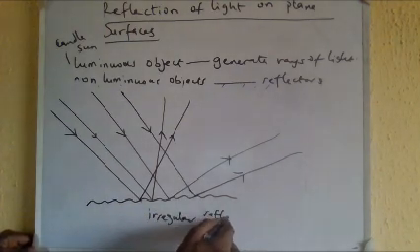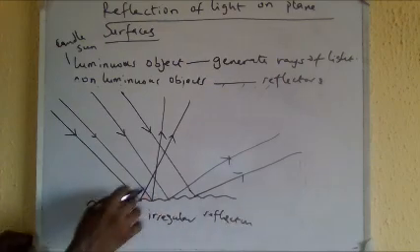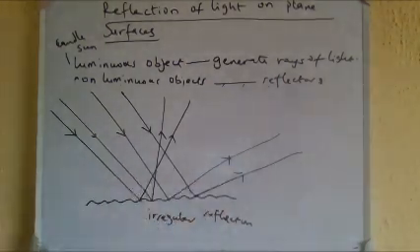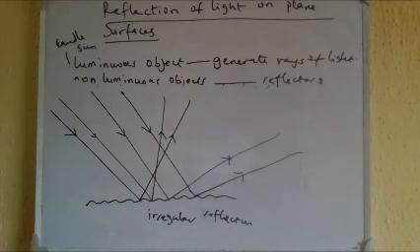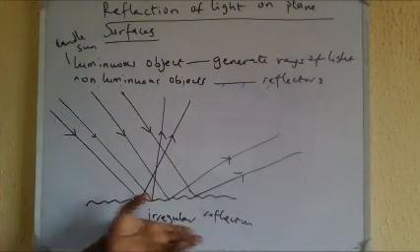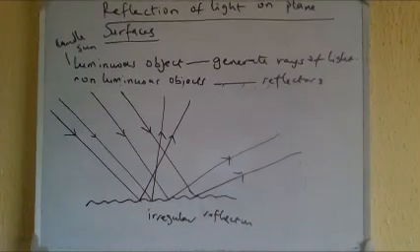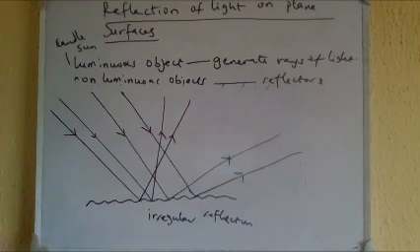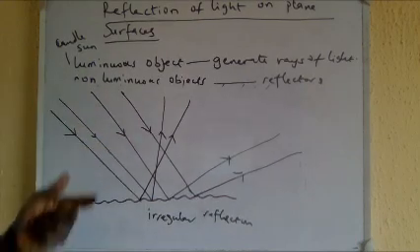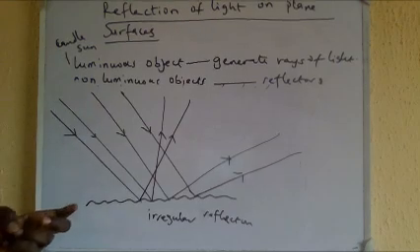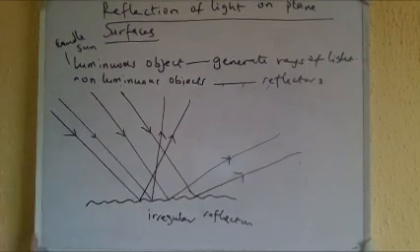Because the nature of the non-luminous material that's reflecting is not smooth. So you can also call it a diffuse reflection. So you have regular reflection because of a smooth surface, and irregular or diffuse reflection because of a rough surface.